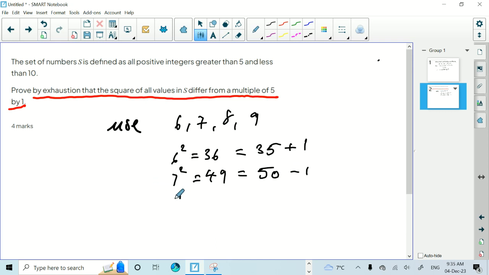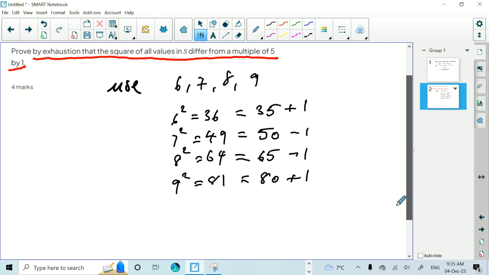And what about 8 squared? 8 squared is equal to 64, which is equal to, again, a multiple of 5, it will be 65 minus 1. What about 9 squared? 9 squared will be equal to 81, which is equal to 80 plus 1.